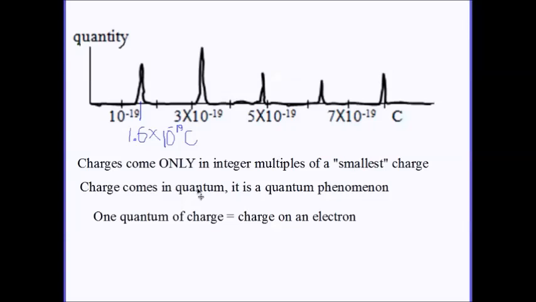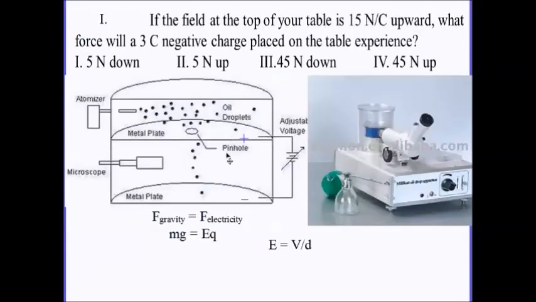So, I am going to ask you, when it comes time to grade you, to know 3 things about the Millikan experiment. I would ask you to know the design, the equipment of the Millikan experiment. I would ask you to know these equations that were used in the Millikan experiment.